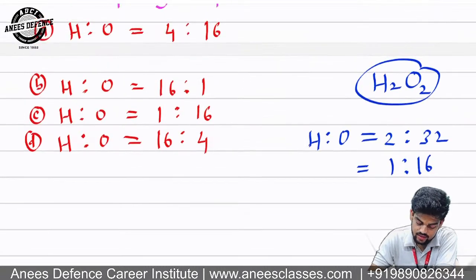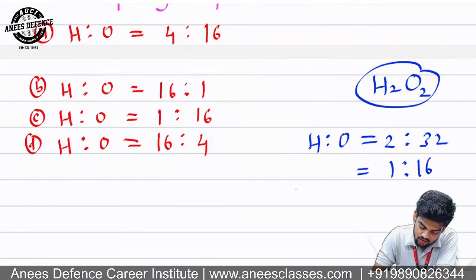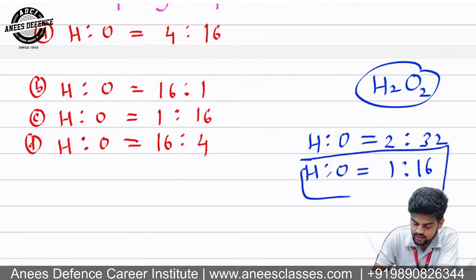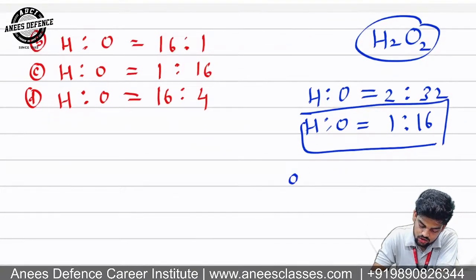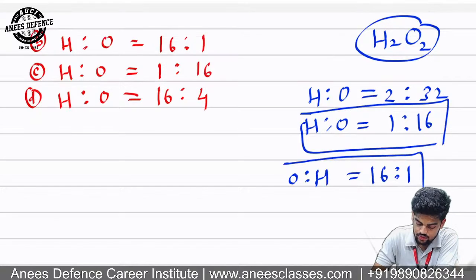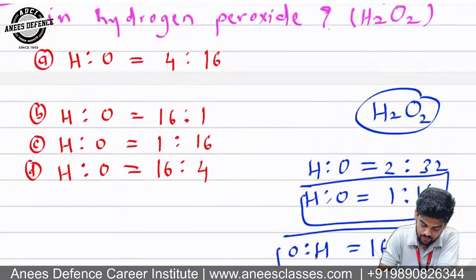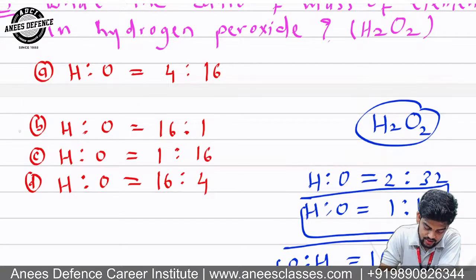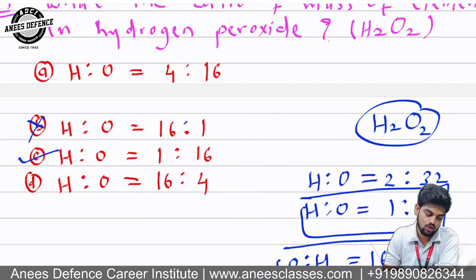If they ask for hydrogen to oxygen, then 1 ratio 16 is correct. If they ask for oxygen to hydrogen, then 16 ratio 1 is correct. So there are two options, B and C. Don't confuse B and C. In B, the hydrogen to oxygen ratio is 16 to 1, which is not the answer. Our answer is C, that is hydrogen to oxygen is 1 ratio 16. Hope you understand.